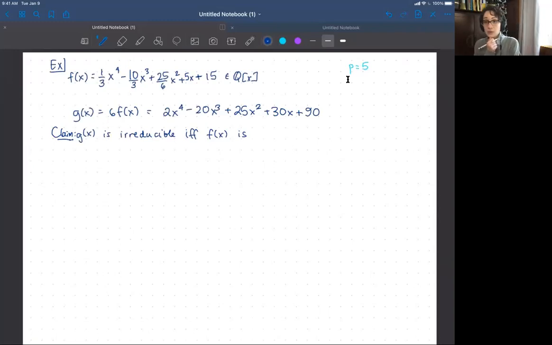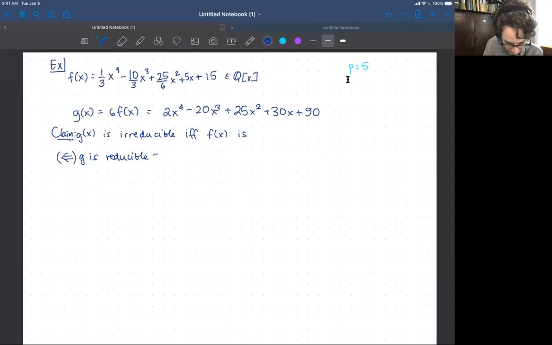So let's see what happens. If f of x is irreducible, so let's see g, I don't know, let's do first g is irreducible. Actually, let's do g is reducible. We'll do the contrapositive of both directions. So do the backwards direction by contrapositive.